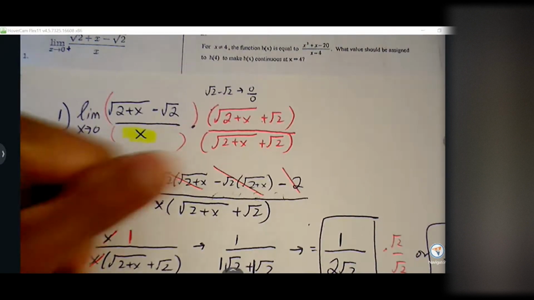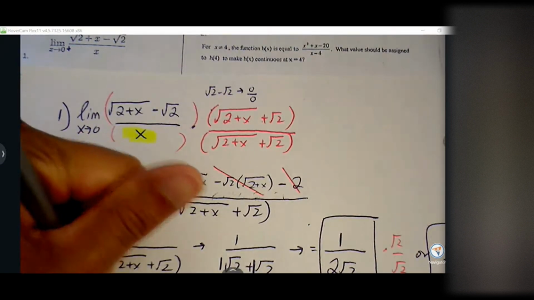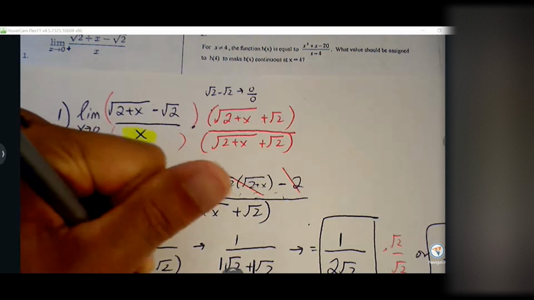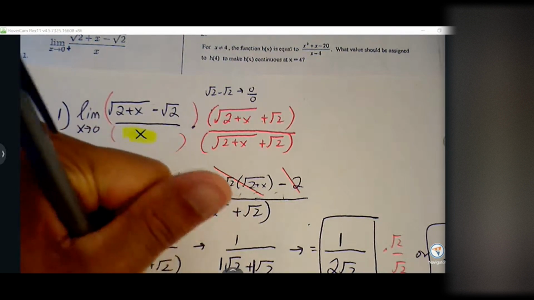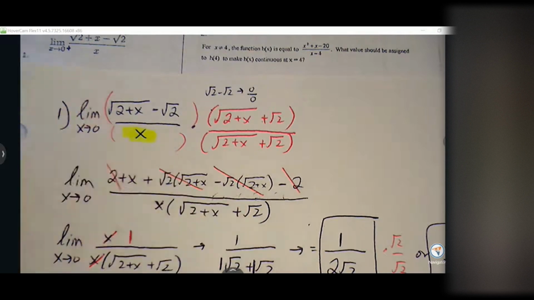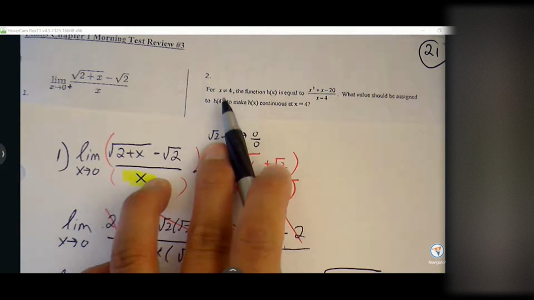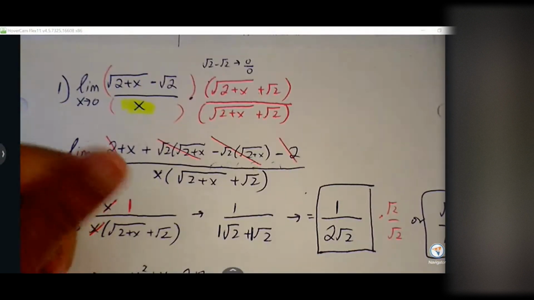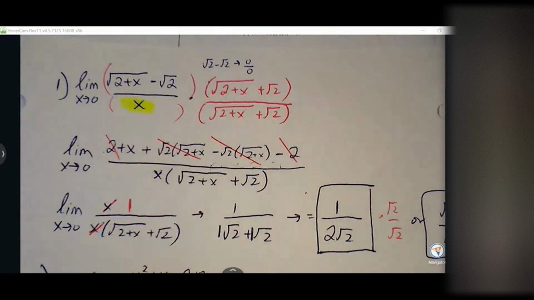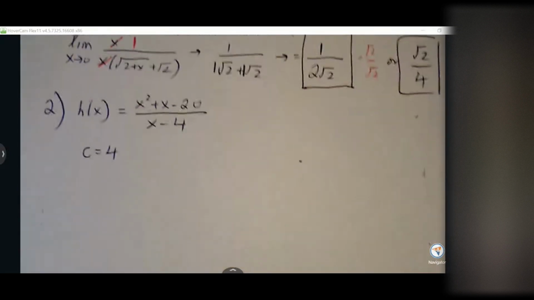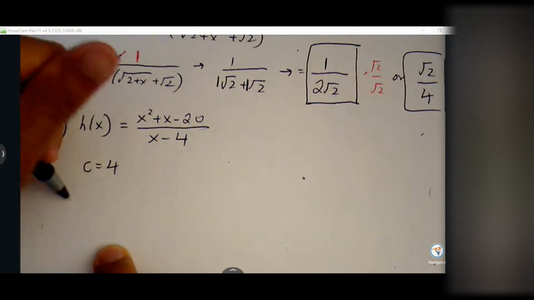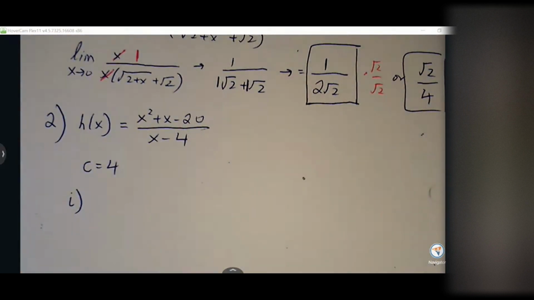Okay, so here's our function. We know that this problem is focused around x equals 4, so that's our c value. So first condition is ordered pair.